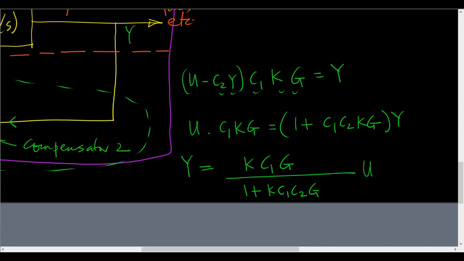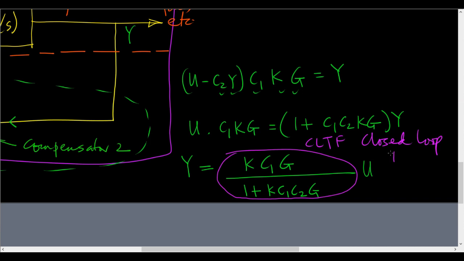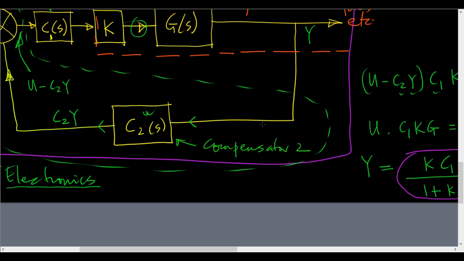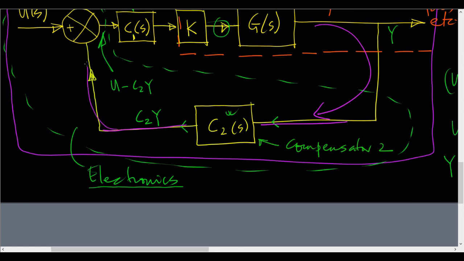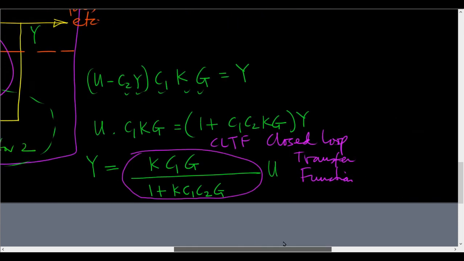I hope it is clear to you by now that this is the effective transfer function of that control system. I will write here CLTF, closed loop transfer function. Why is it closed loop? It's closed loop because this is the loop here, and it is closed here.